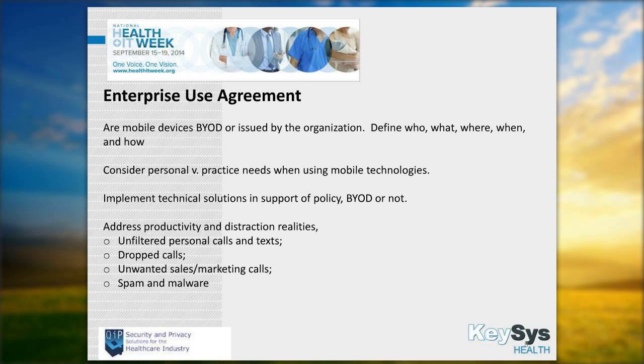We didn't have time. We are trying, I hate to say it, to keep our webinars to 30 minutes. We realize everybody has a limited amount of time. So we didn't talk a lot about what you do on your own device and what your policies are when you allow people to use their own device. They should understand you may have to wipe their device if they lose it.